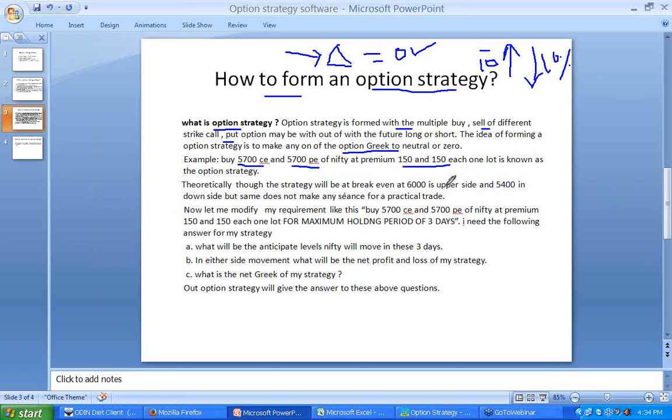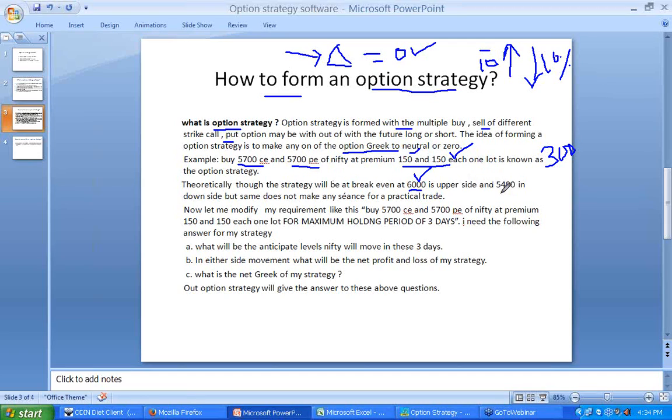Theoretically, if you are learning options from any book, the writer will say that this strategy will break even at 6,000 in the upper direction, because you have paid 150 premium each, so the sum comes to 300. So if I add 300 to 5,700, till Nifty goes to 6,000 I will make neither profit nor loss, meaning break-even. Beyond that, I'll make profit.